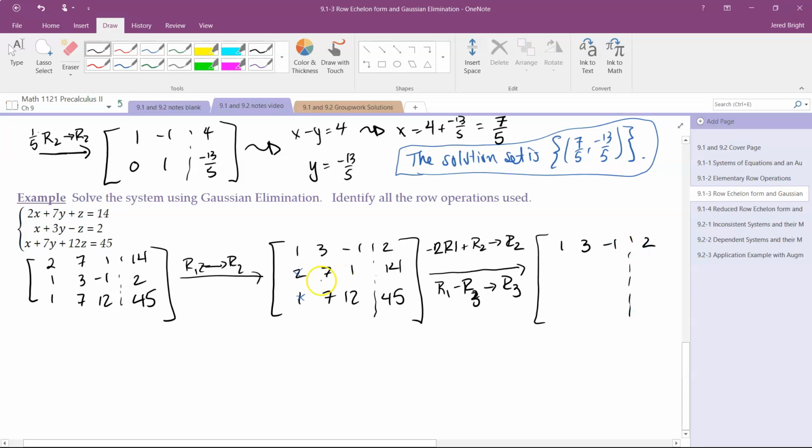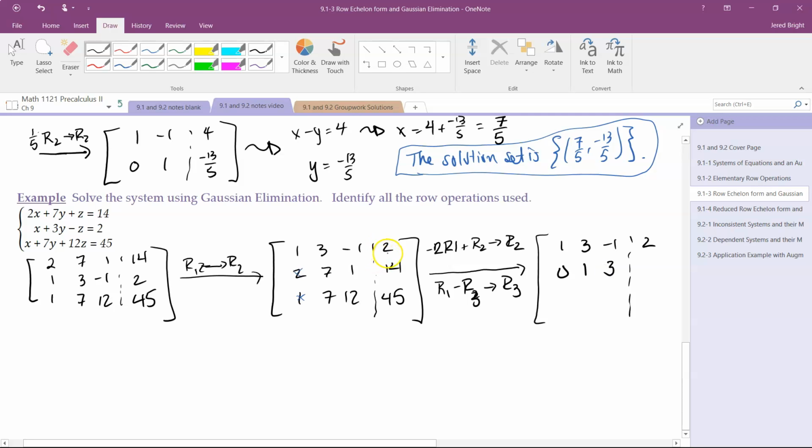And then the second row now becomes, so this is where I have to hold the numbers in my head or write it out. So that'll become 0. Negative 2 times 3 is negative 6, add 7 is 1. Negative 2 times negative 1 is positive 2, and then add 1 is 3.